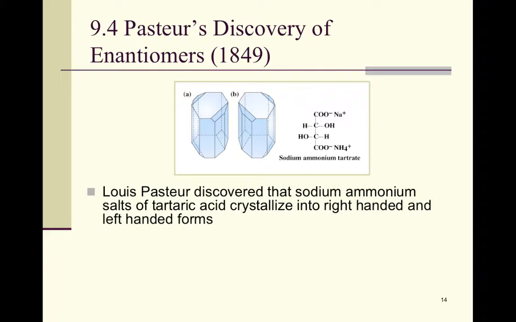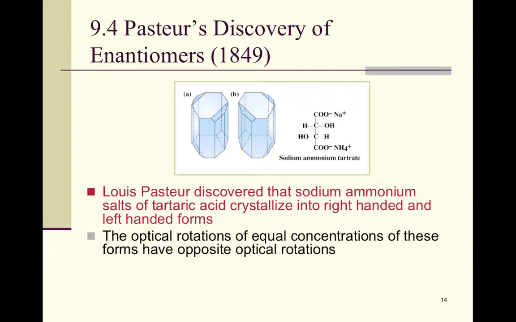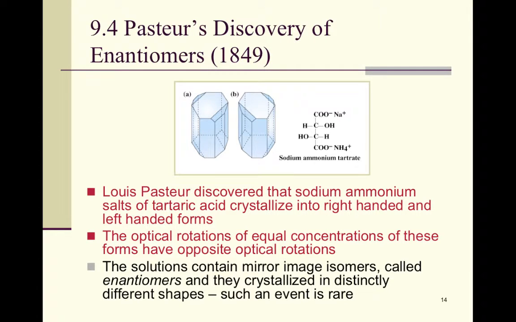This is pretty cool. He was able to make these giant crystals, and he noticed that they were non-superimposable mirror images. The optical rotations of equal concentrations of these forms have opposite optical rotations. So he discovered that you get the same value, but a different sign. The solutions contain mirror image isomers called enantiomers, and they crystallize in distinctly different shapes. Such an event is rare.